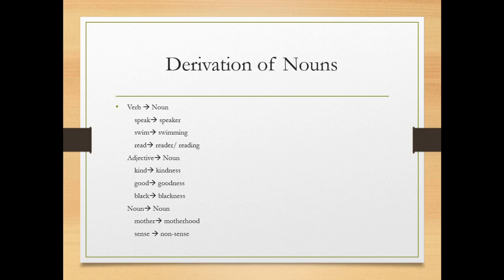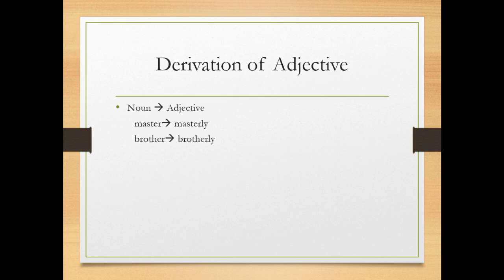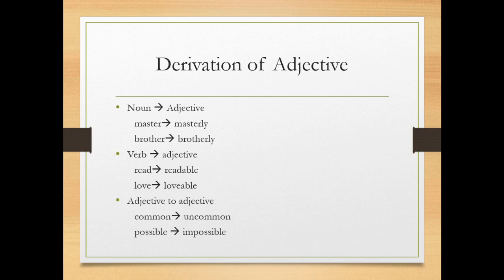Look at the examples of the derivation process in nouns. A verb is changed into a noun: speak, speaker; swim, swimming; read, reader. An adjective is converted into a noun: kind, kindness; good, goodness; black, blackness. Noun into noun: mother, motherhood; sense, nonsense. Look at the derivation of adjectives.